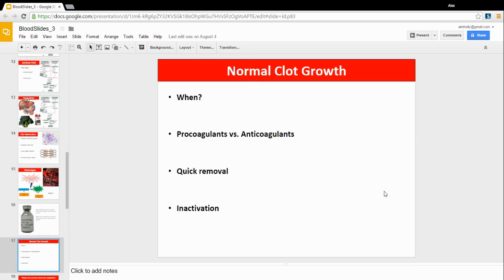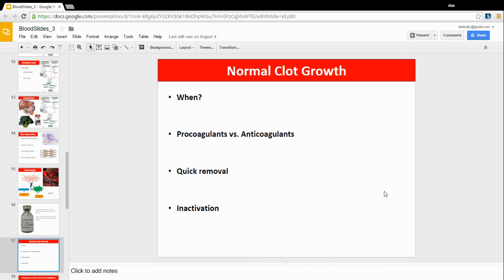All right, so just to add a little more about clots and clot growth. Obviously, we want clots to grow when they're supposed to grow in response to damage. But we always have these chemicals, prothrombin and fibrinogen, in our blood. We don't want too many procoagulants in our blood, things that turn those chemicals on and make clots.